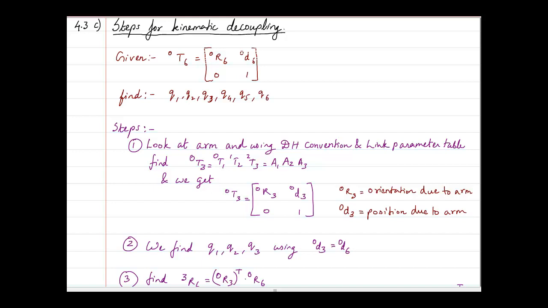Now, to make the learning simple, what they have written in your syllabus is they have asked you to take various examples of this 3 joint arm and attach only the spherical wrist to it. The 6 degree of freedom robot that we have has an arm and a wrist.